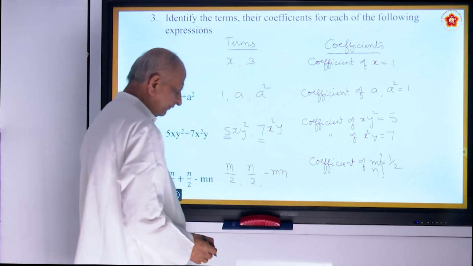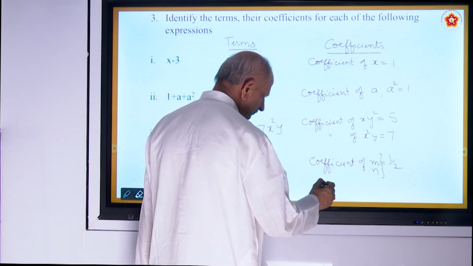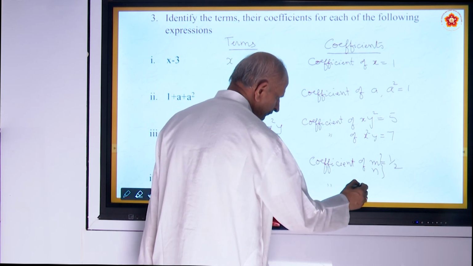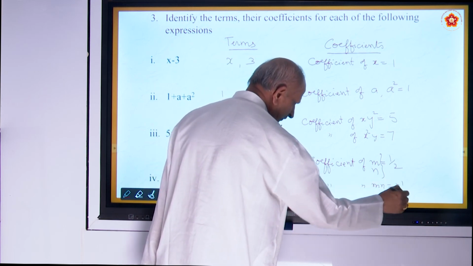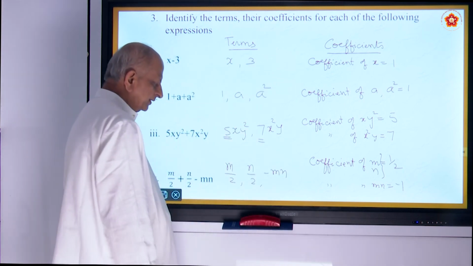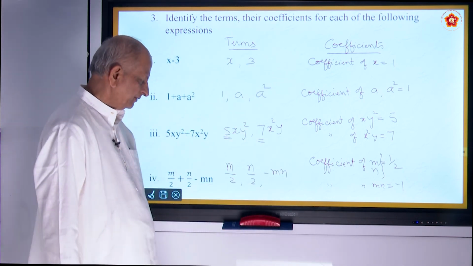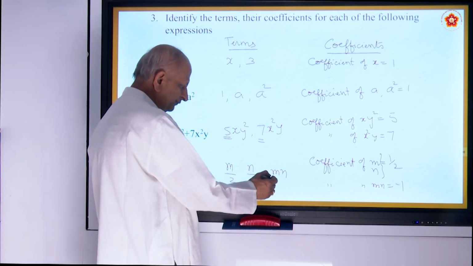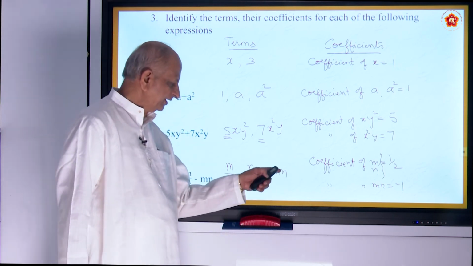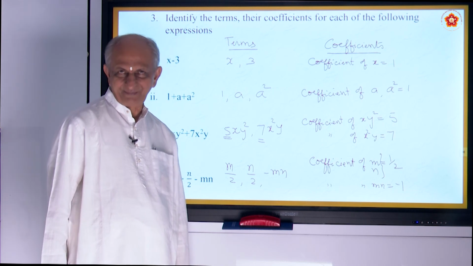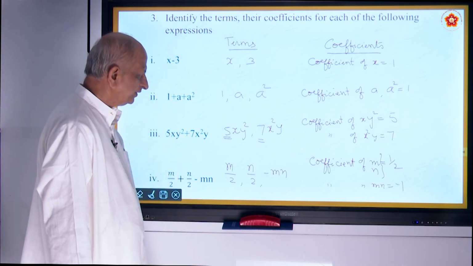Both are equal to half. And coefficient of mn is equal to minus 1. That means mn is multiplied by minus 1, it becomes minus mn. And coefficient of m is minus n. Coefficient of n is minus m. Correct? That is how you write coefficients.